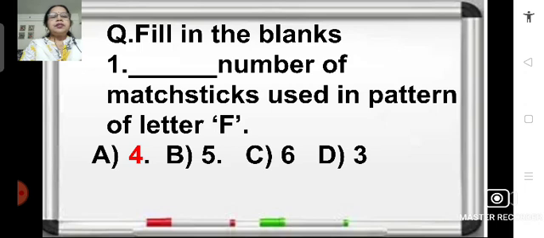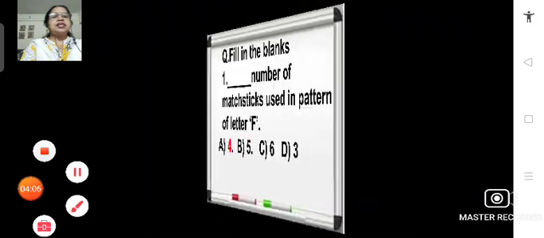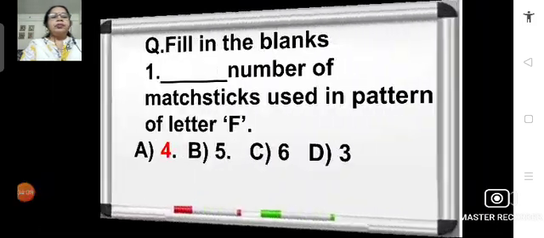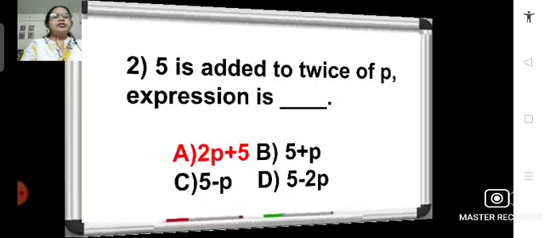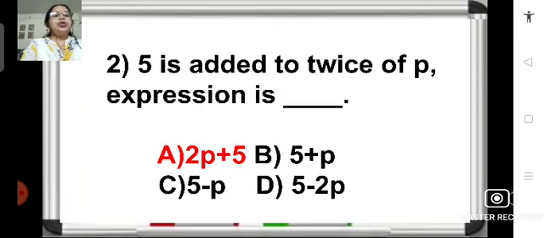Now let's solve some of the problems here. Fill in the blanks. The number of matchsticks used in pattern of letter F. So what are the number of matchsticks used? That will be 4, isn't it? Next, 5 is added to twice of p. What will be the expression?